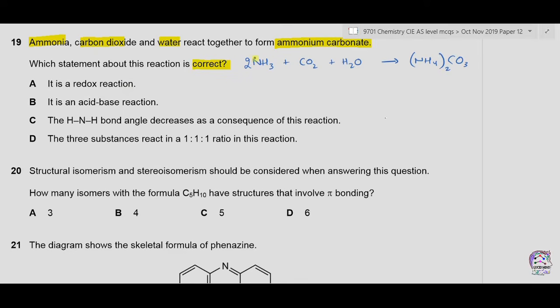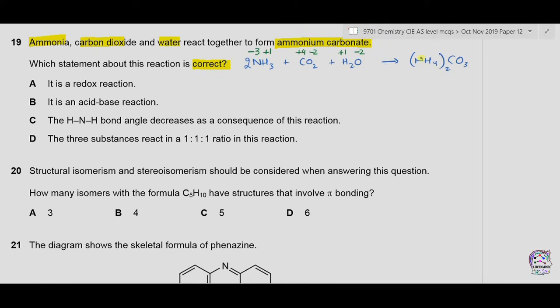In ammonia, nitrogen is more electronegative, so the oxidation state of nitrogen is -3. For one hydrogen it will be +1. For carbon it will be +4, and for a single oxygen atom it will be -2. For one hydrogen it will be +1, for one oxygen it is -2.